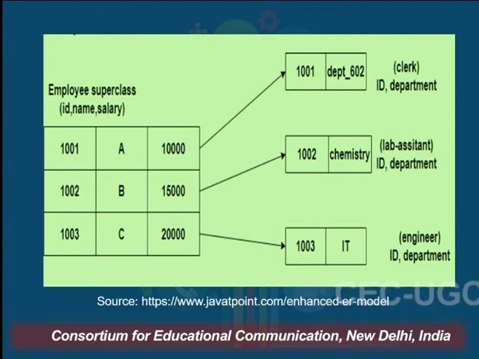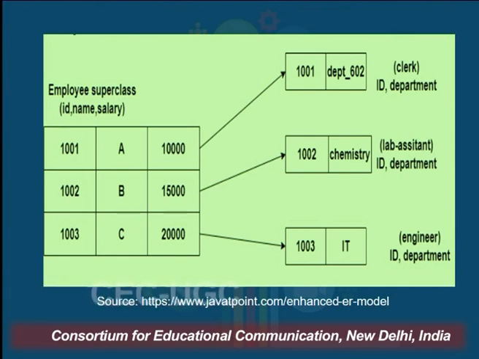Now A, B and C are actually employees of different types. 1001 is, let's say, a clerk type, 1002 is a lab assistant, and 1003 is kind of an engineer.